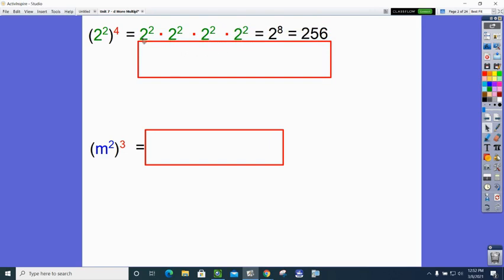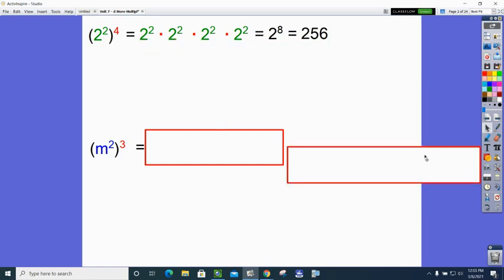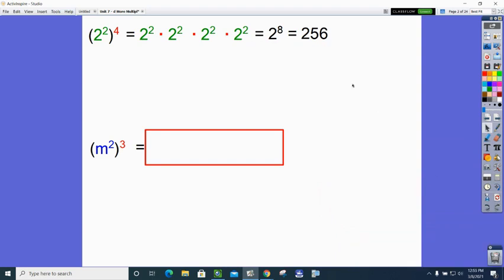And remember that when we multiply common bases, we write the base and add the exponent. So 2 plus 2 is 4, plus 2 is 6, plus 2 is 8. So this would equal 2 to the 8th, which is 256.